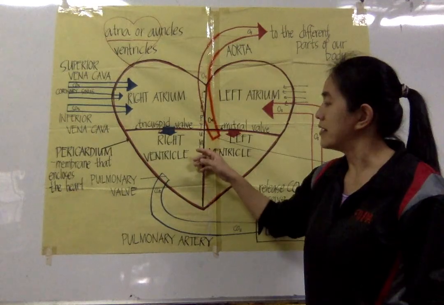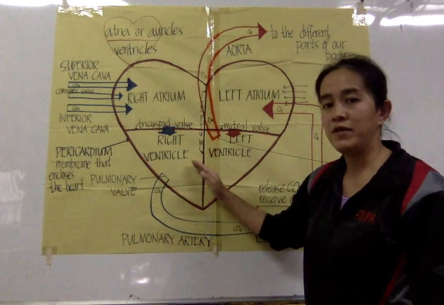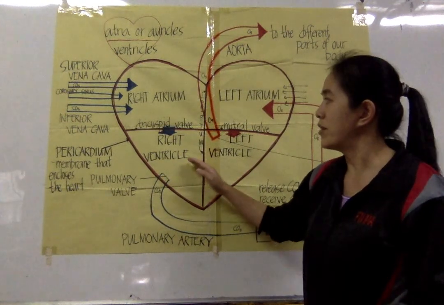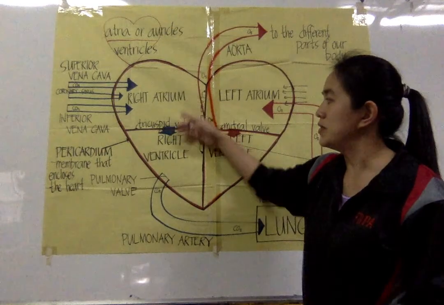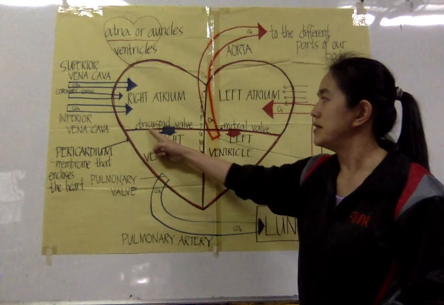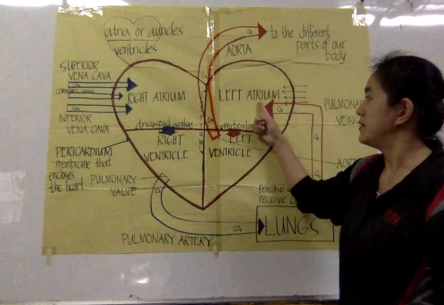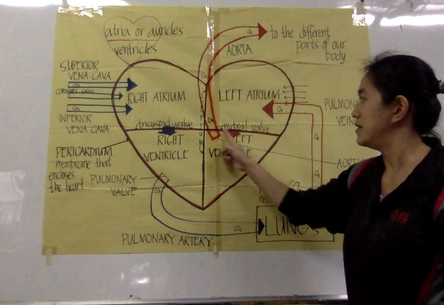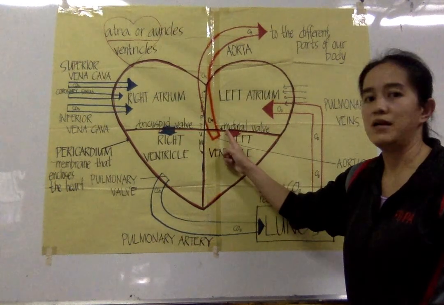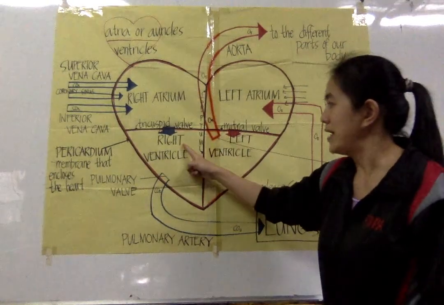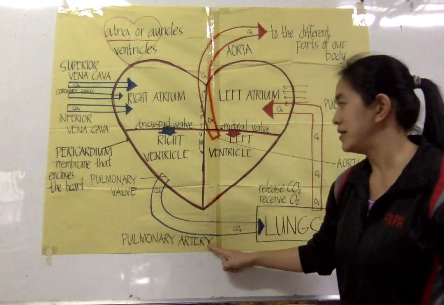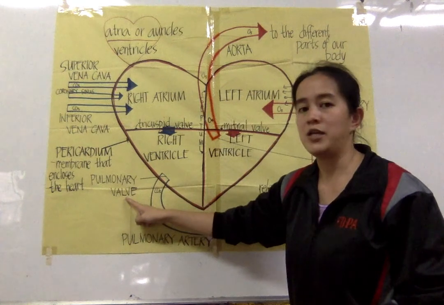And valves are there to ensure one-way flow of blood. We have 4 of these. Between right atrium and right ventricle, this is called tricuspid valve. Between left atrium and left ventricle, this is called the mitral valve. Between right ventricle and pulmonary artery, we have here the pulmonary valve.